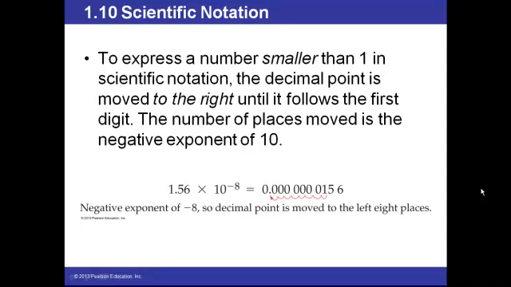A negative exponent of -8 means that you have a very small number. If this was a positive 8, you'd move that decimal place to the right, and that would indicate that you have a very large number. So remember, if you have a negative exponent, you've got a very small number. If you have a positive exponent, then you're going to have a larger number.